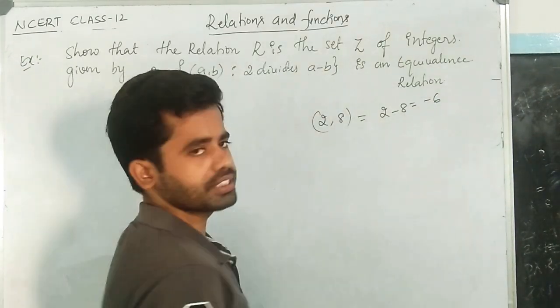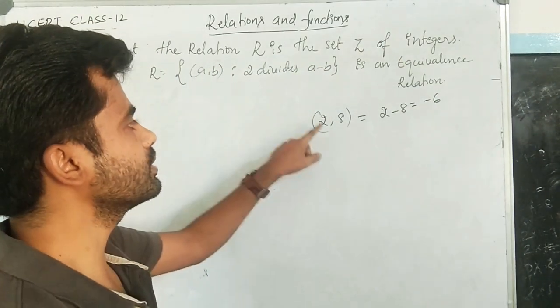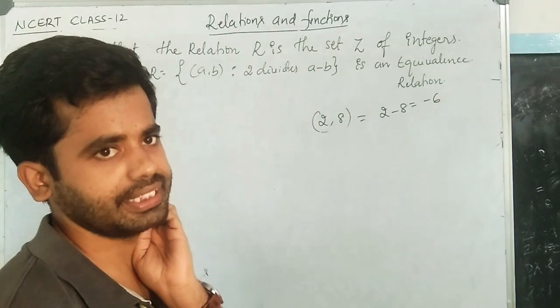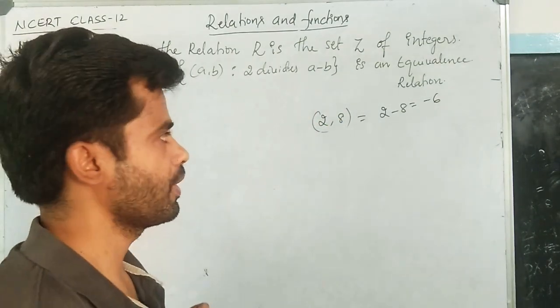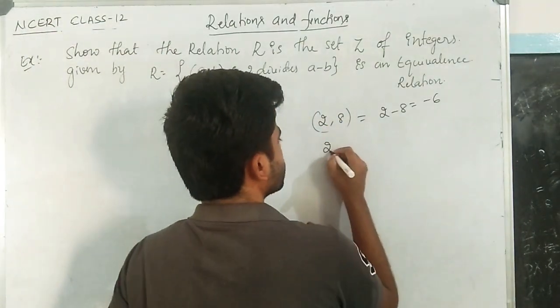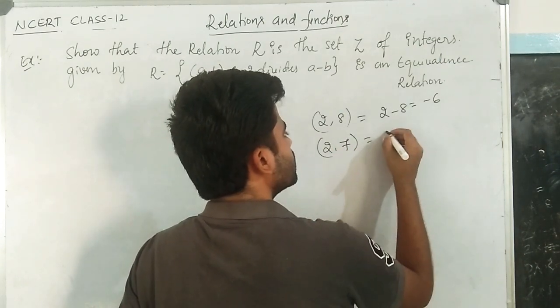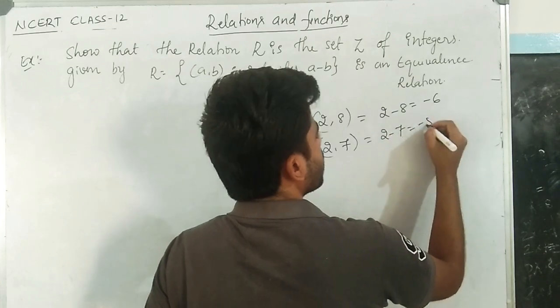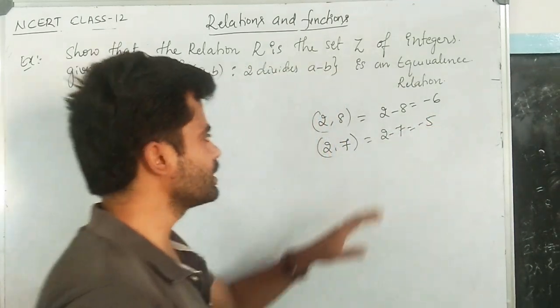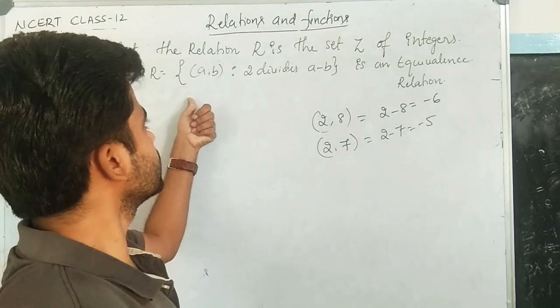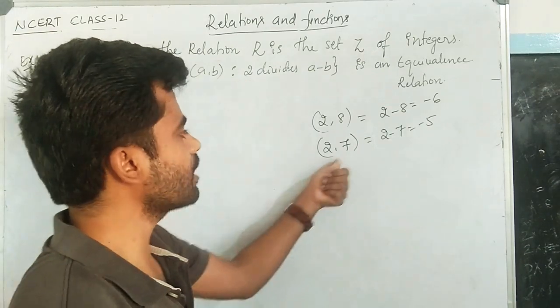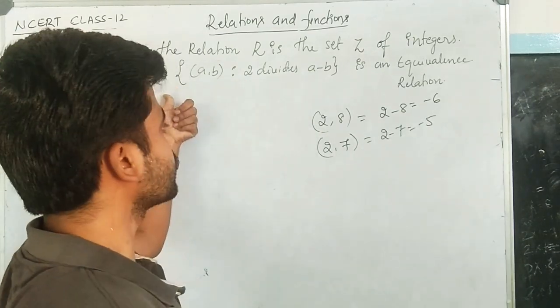As minus 6 is divisible by 2, this ordered pair is in the relation. Now I will take another one, (2, 7). 2 minus 7 is minus 5. Minus 5 is not divisible by 2, hence this ordered pair is not in the relation.